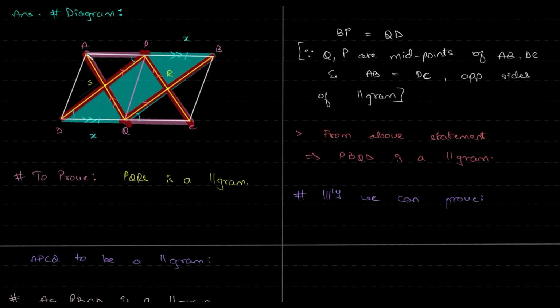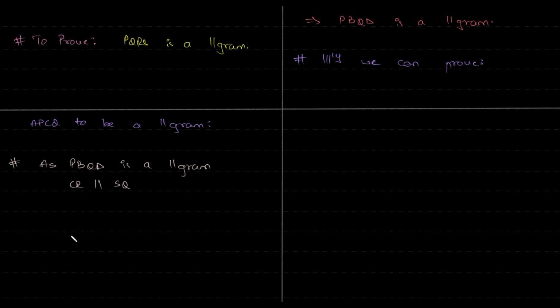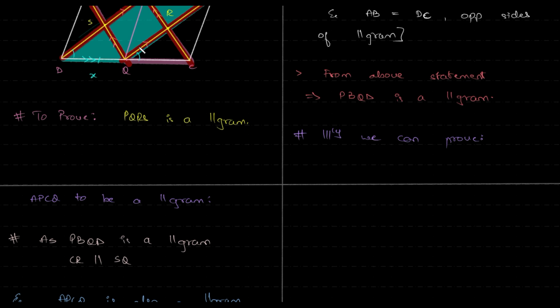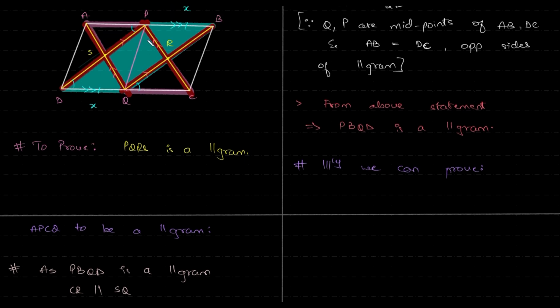Then we have APCQ, and APCQ is also a parallelogram. So with this we can tell that PR is equal, yes, sorry, not that. PR being parallel to SQ will come from here. CR, what is the point of writing CR is parallel to, no, my bad, this is not required.